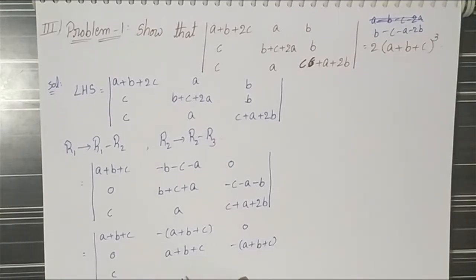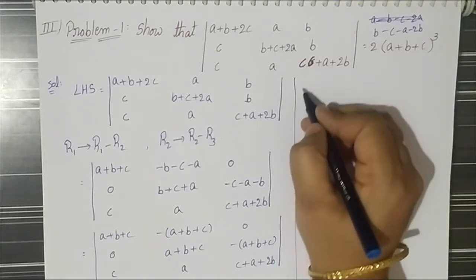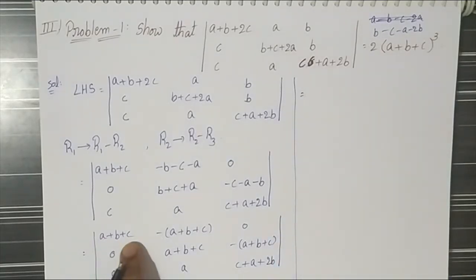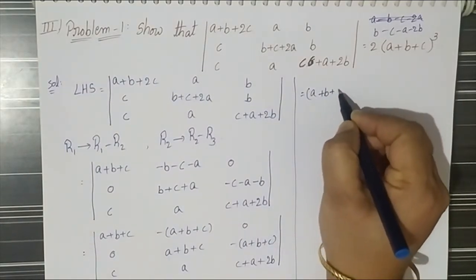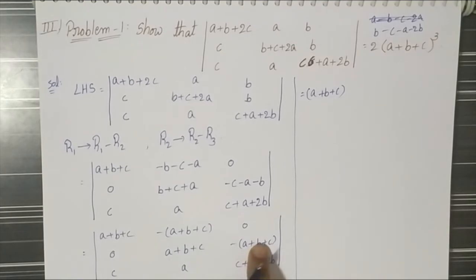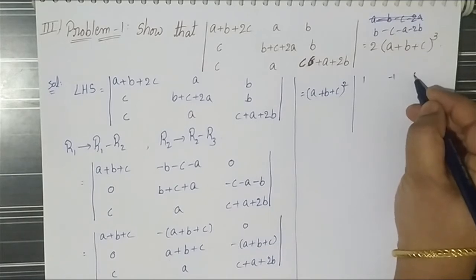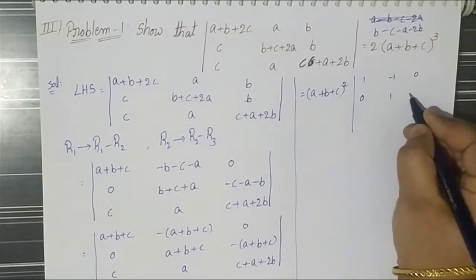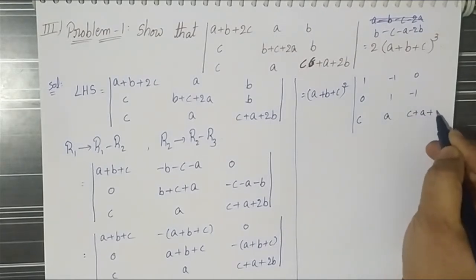The last row is c+a+2b. Then take a+b+c common from the first row, and in the second row a+b+c is the same, so taking it common again gives the square. The determinant is |1, -1, 0; 0, 1, -1; c, a, c+a+2b|.